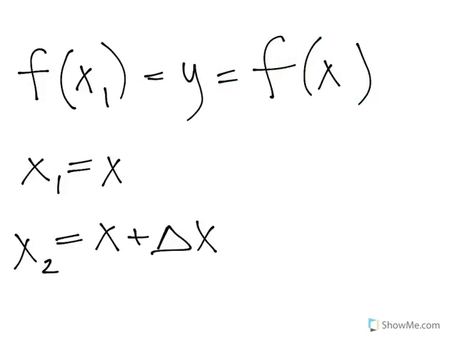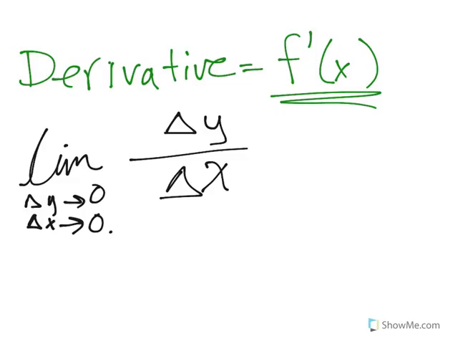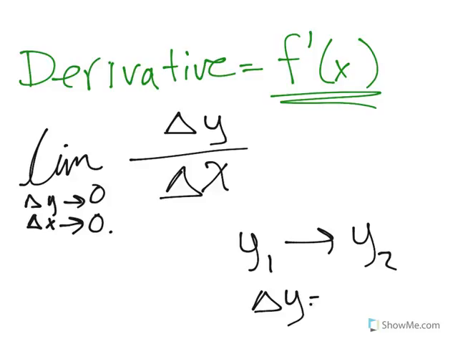So it's x1 plus some delta x. So f of x2 is equal to y2, and going from y1 to y2, our delta y is just their difference, y2 minus y1. So keep that in mind.